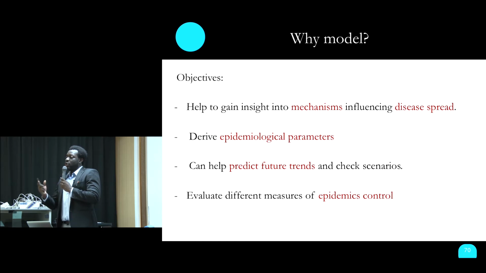And if I close the airports, what would be the results? They are not perfect, but they give us an idea about what is the best or the worst scenario to take. So this is a very important element: predicting future trends, checking scenarios, and evaluating different interventions.